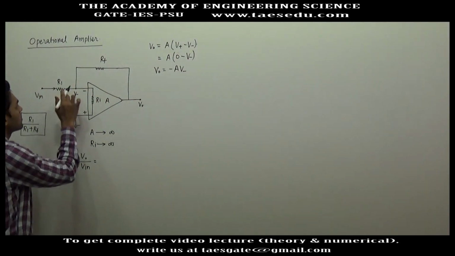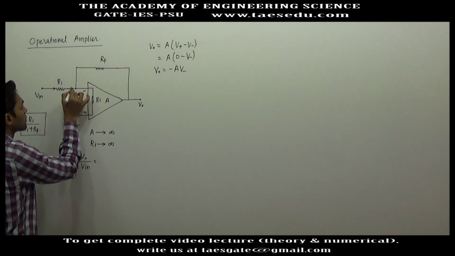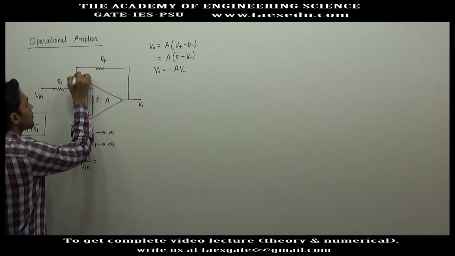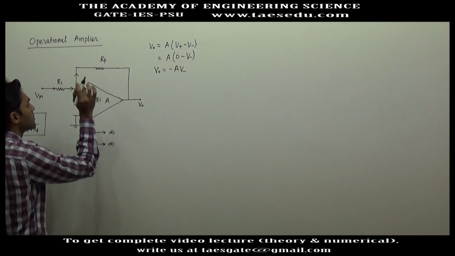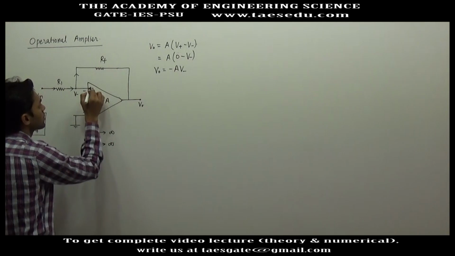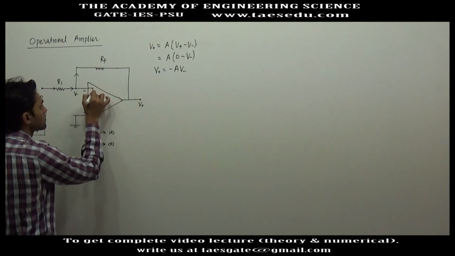Okay, so there will be some flow of current. Some amount of current will flow in the feedback resistance. What about current in this resistance?